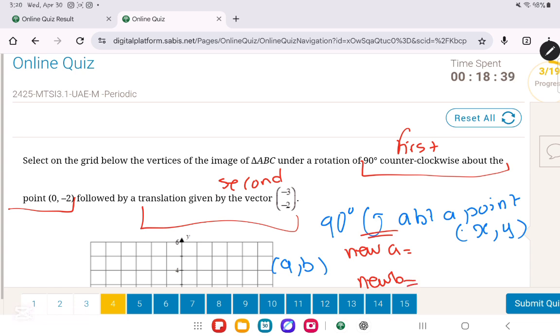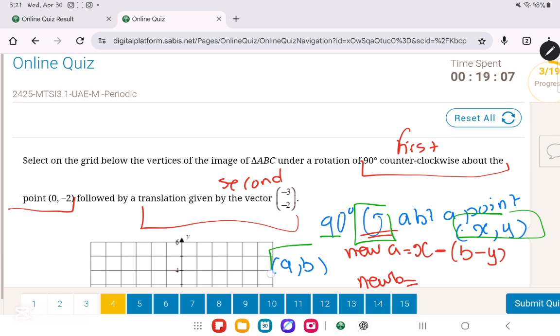It's gonna be the point of rotation, so first of all, the x of the point of rotation, so x, minus what? The b of the point that we are rotating, minus what? Minus the y of the rotation point. So I know it's gonna be a little bit confusing, a little bit complicated, but take it like this. 90 degrees counterclockwise about a point xy. So we are rotating about a point xy.